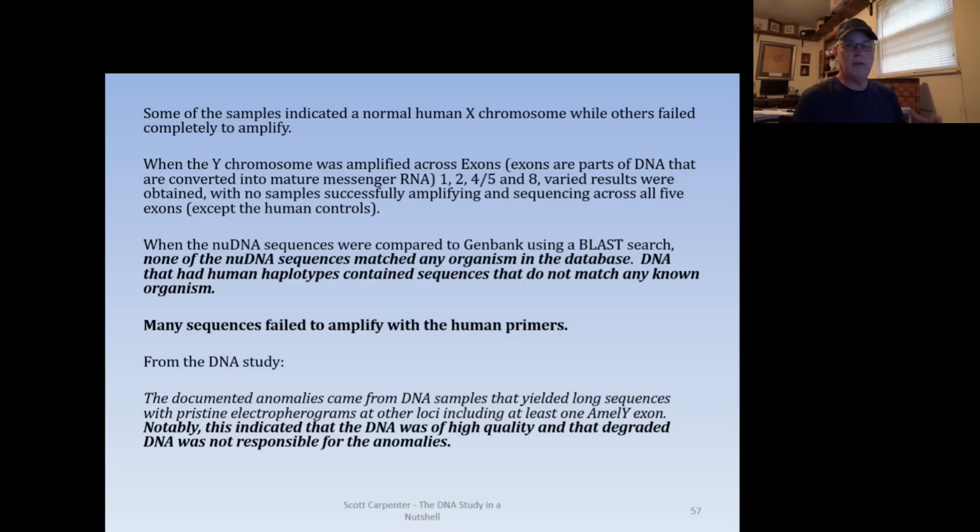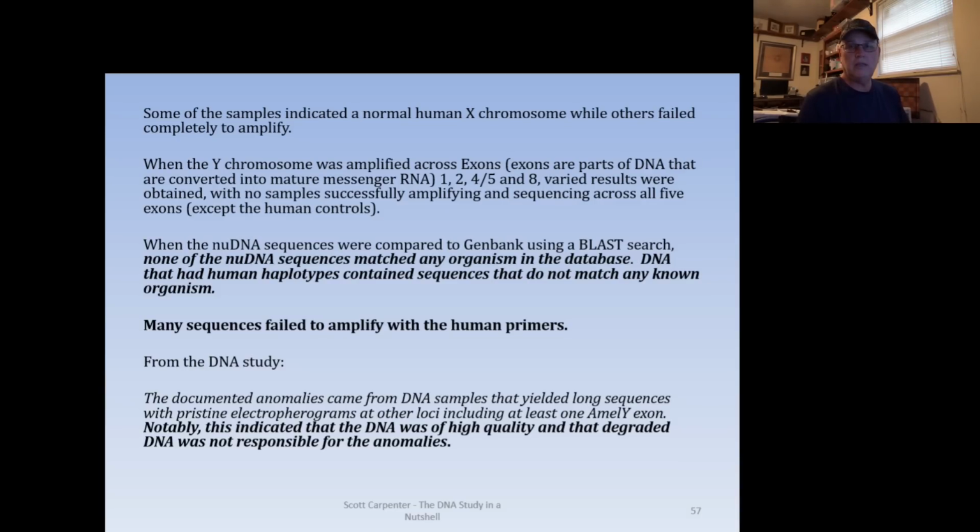So what is weird about this is on the Y chromosome, there should have been some amplification, but there wasn't. The only thing that amplified was the human control. In other words, they took, on purpose, I think Dr. Ketchum used her own DNA as a control sample. Say, okay, here's a human, so we're going to run human, and then we're going to see what we get with the Sasquatch, and that's the problem.